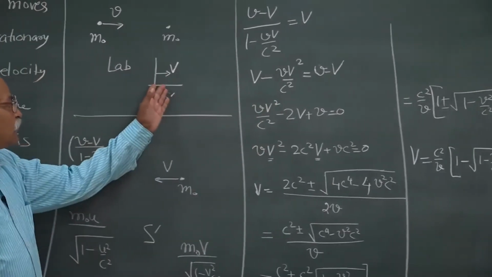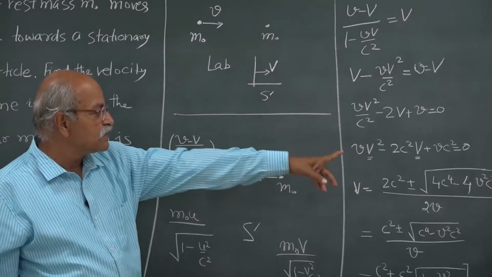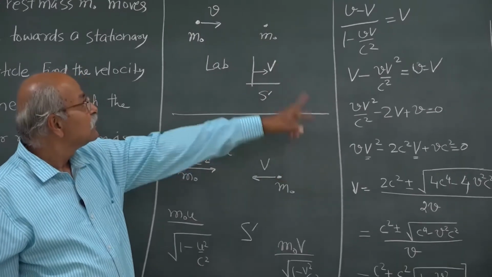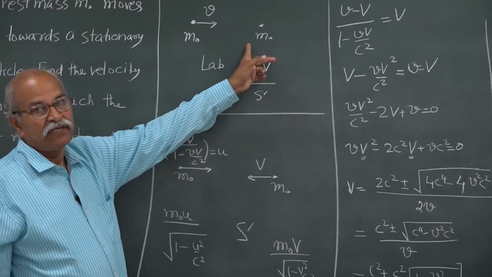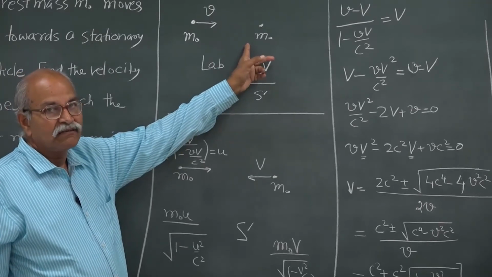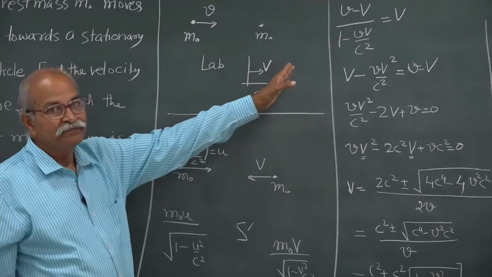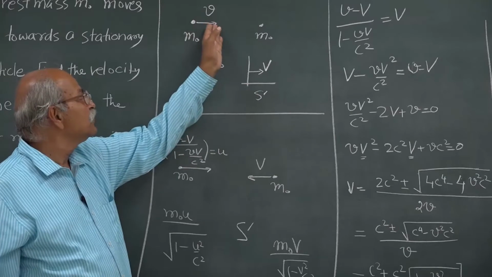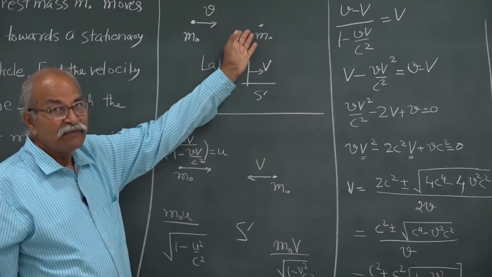So, a frame which moves with respect to lab at this velocity, in that frame the total linear momentum will be 0. If it was non-relativistic, the answer was very simple, it is small v by 2. Then this becomes v by 2 and this becomes v by 2 in opposite direction, and linear momentum is 0.